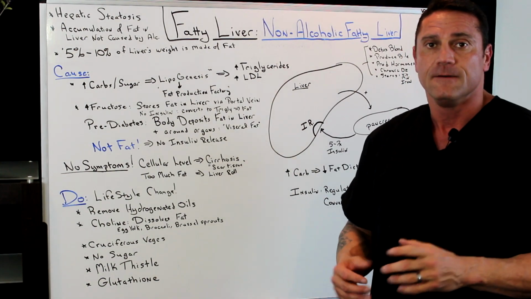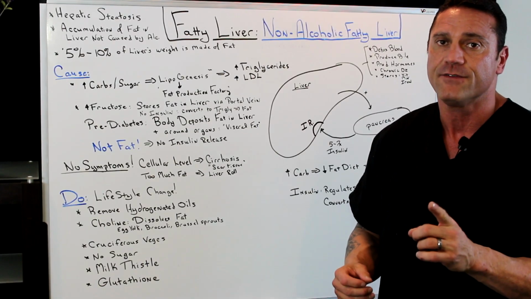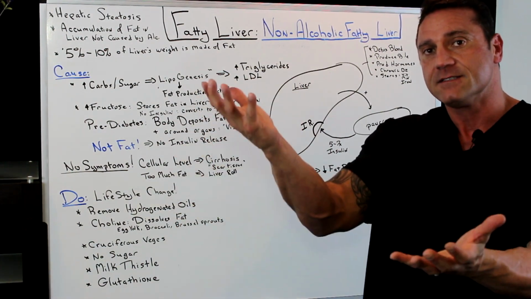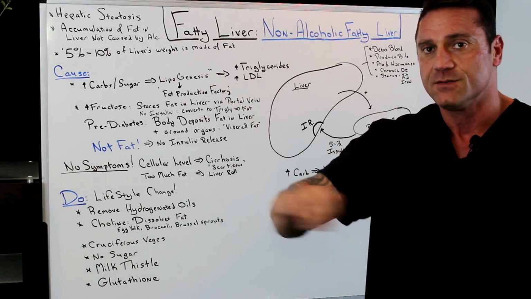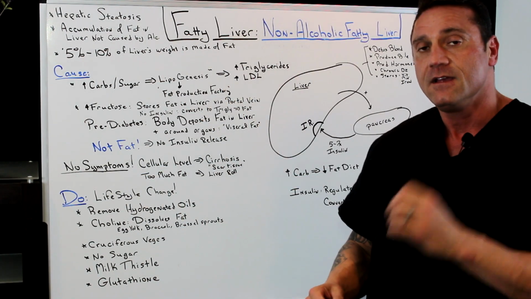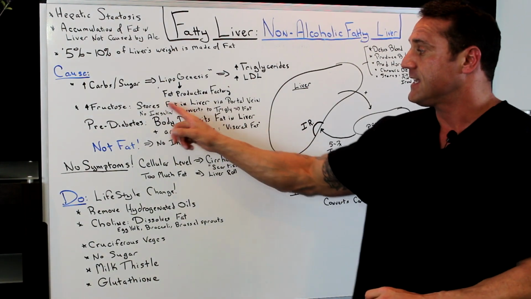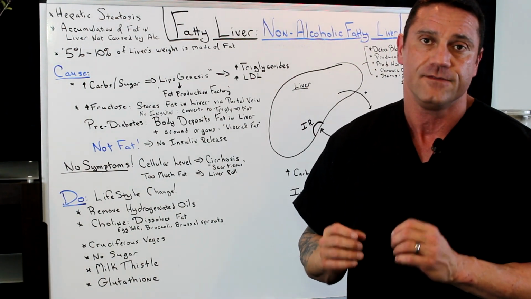Also, fructose. Now, fructose is nature's candy, I realize that. However, fructose and glucose are two different mechanisms of how the body breaks it down. Glucose has to be broken down a certain way with insulin, and I'll get to that in a second. Fructose actually gets stored as fat by way of the portal vein.